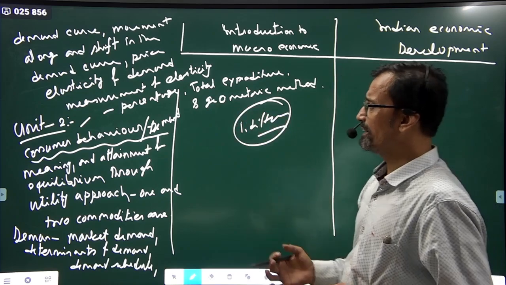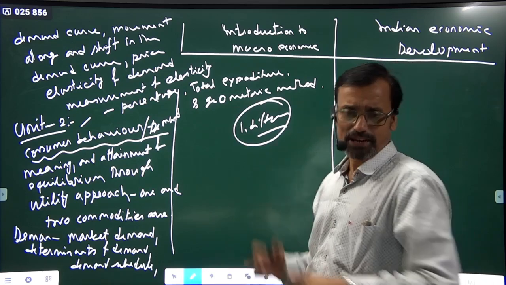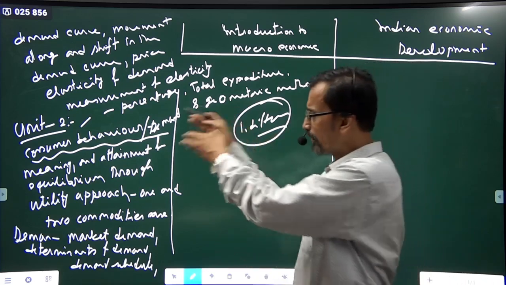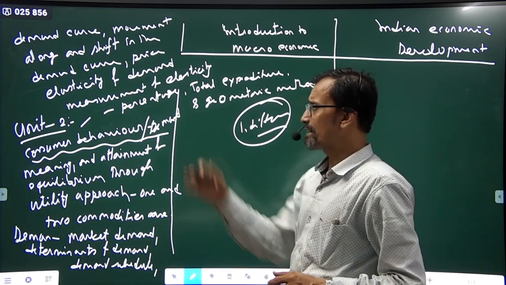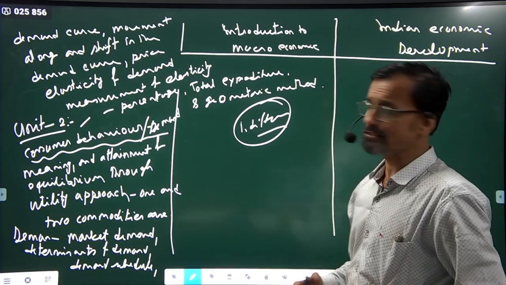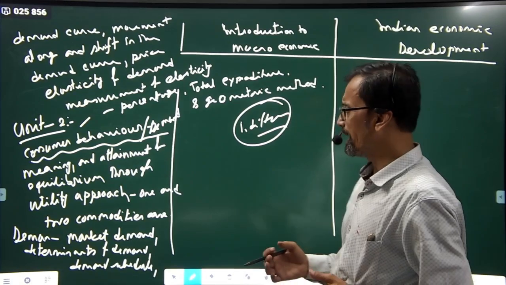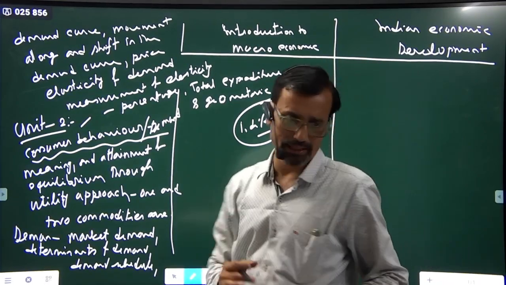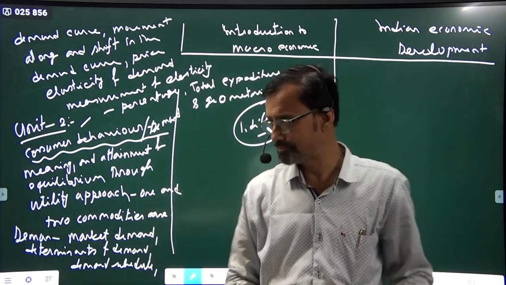It does not mean that we need not follow the indifference curve because the chapter is not mentioned in the syllabus. In reality, sometimes questions are asked from the indifference curve chapter also. That is why we have to understand consumer equilibrium as per the indifference curve approach also.